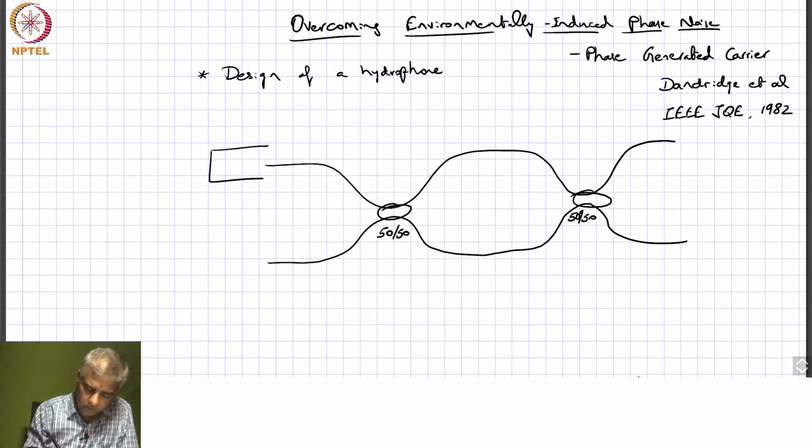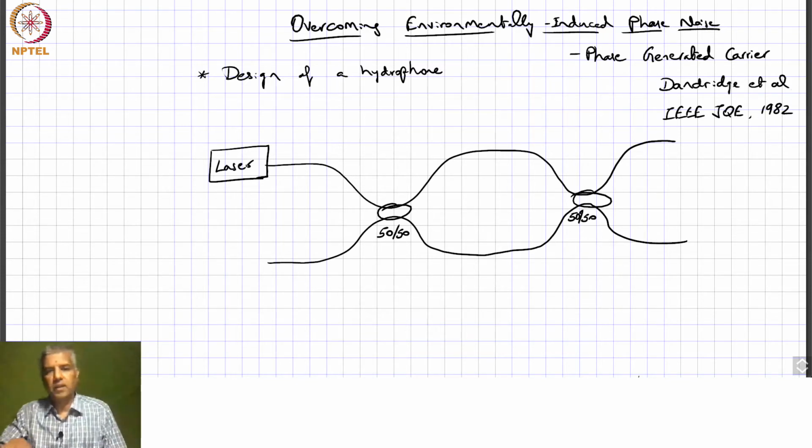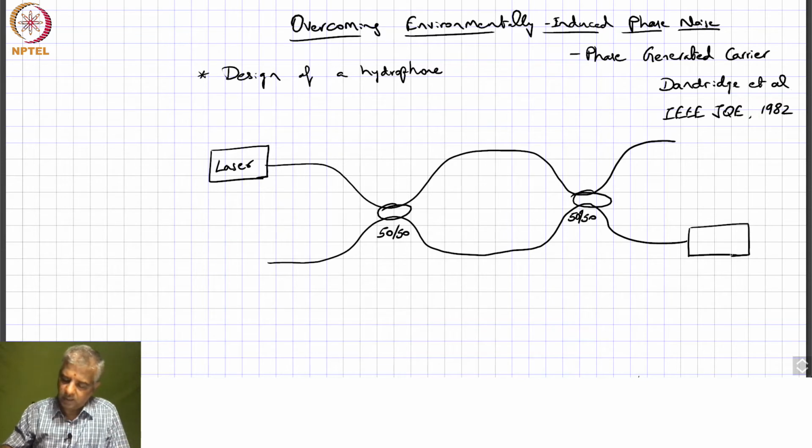And you have a light source, let's say a laser. We'll come back and look at what sort of laser we need for such an application. And let's say we have a detector over here. So, what are we looking at?